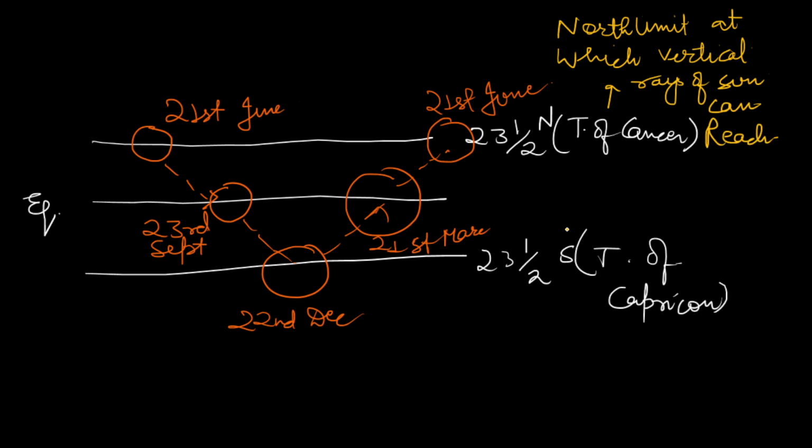And here Tropic of Capricorn, that is on 22nd December, it is the southernmost limit at which vertical rays of sun will reach.